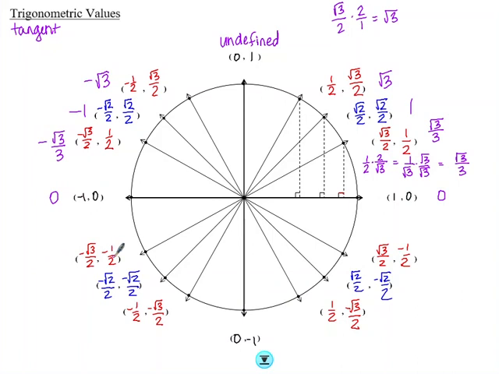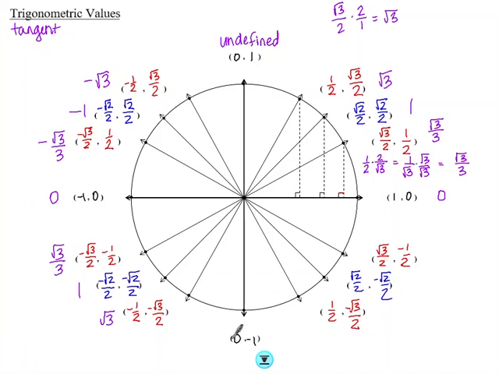Negative 1/2 divided by negative square root of 3 over 2 is square root of 3 over 3. Negative square root of 2 over 2 divided by negative square root of 2 over 2 is 1. Negative square root of 3 over 2 divided by negative 1/2 is square root of 3.